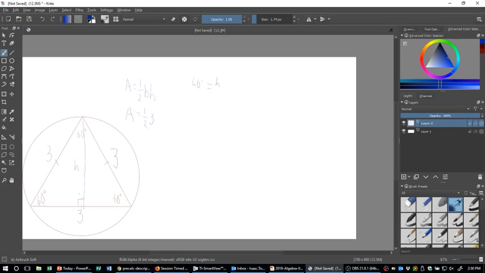So if all of this is 3, only because this is an equilateral triangle do I know this is going to be cutting this in half and giving me 1.5 for each of these. And this works because it's a right triangle, so we can use right triangle trig. And again, the thing I'm going to be referring to is SOHCAHTOA here.